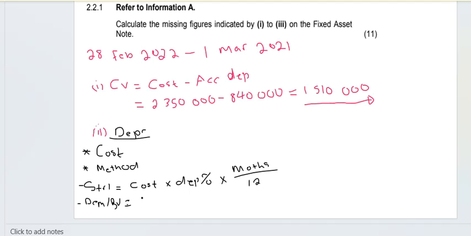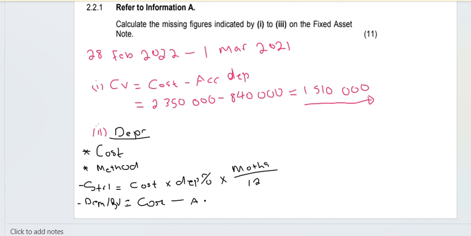Here we just need the cost of a vehicle or of an asset, it's not always a vehicle, minus accumulated depreciation.